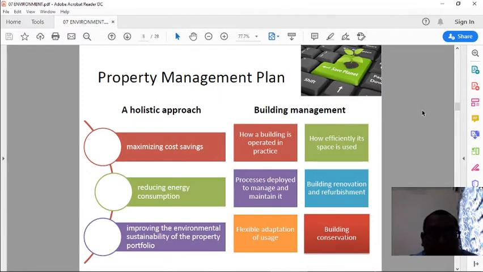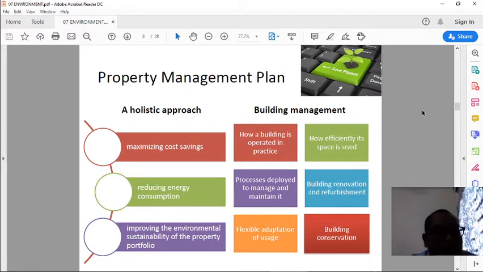Okay. So for a property management plan, we need to have a holistic approach in the first place. The meaning of the holistic approach is that it is a very comprehensive approach. It covers everything. So based on this, it is stated as maximizing the cost savings, so that we can reduce the cost, we can incur more profits, or even we can divert the cost-reducing measures so that we can focus on other aspects of the property.